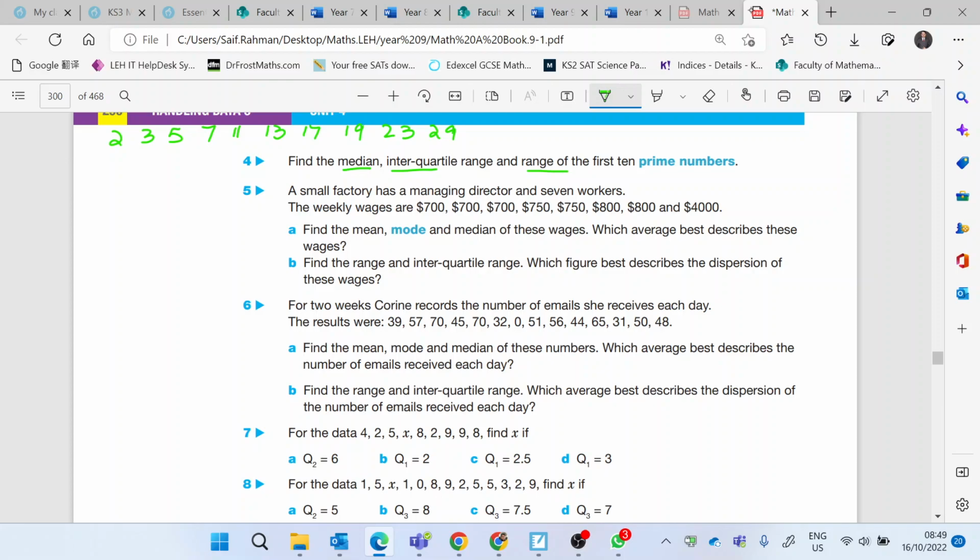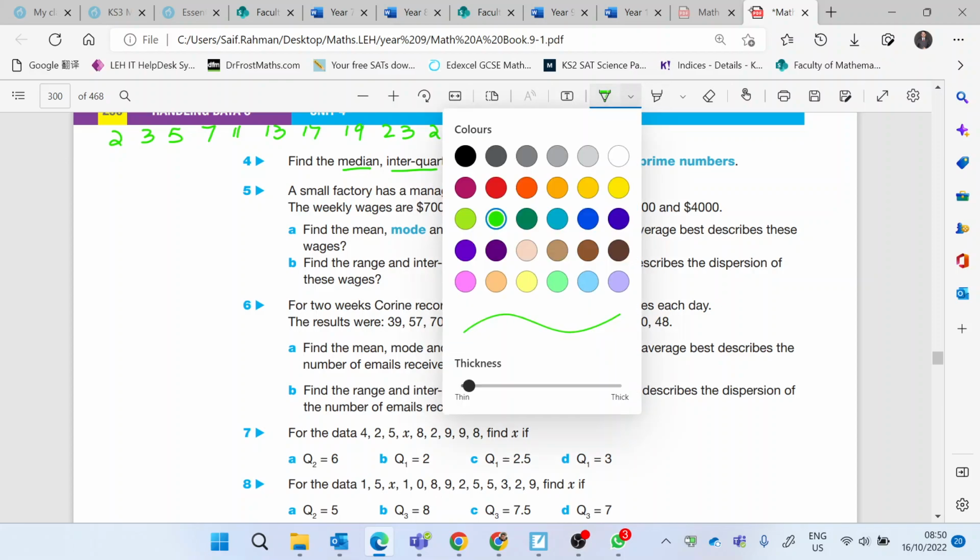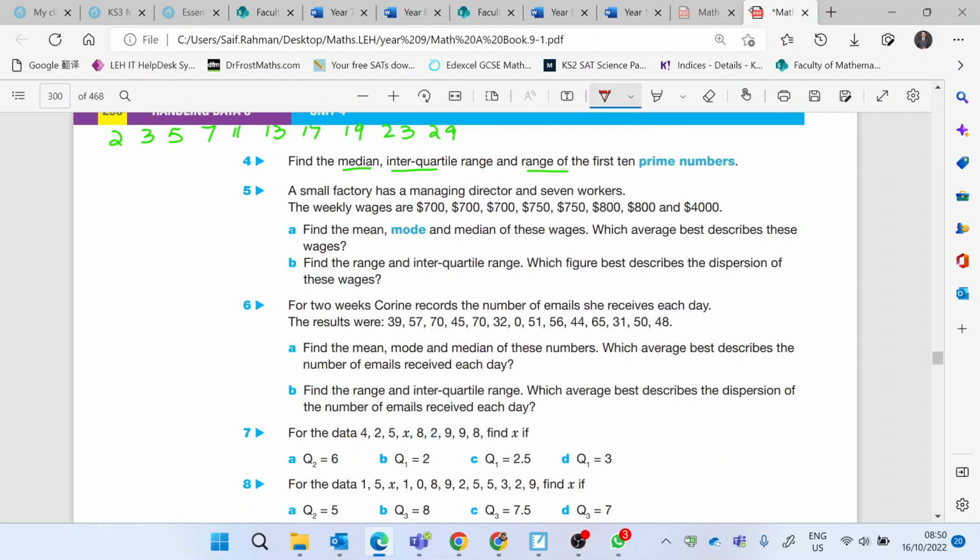Okay, so we have to find the median, interquartile range and the range. First, the range. Range will be 29 minus 2, which is equal to 27, and the median is the middle number.